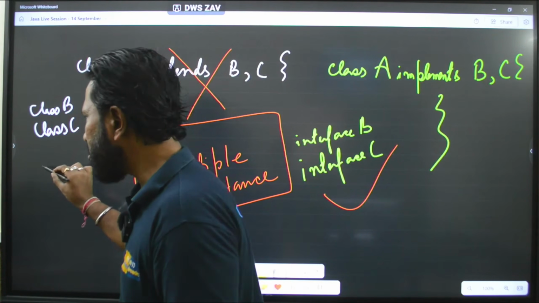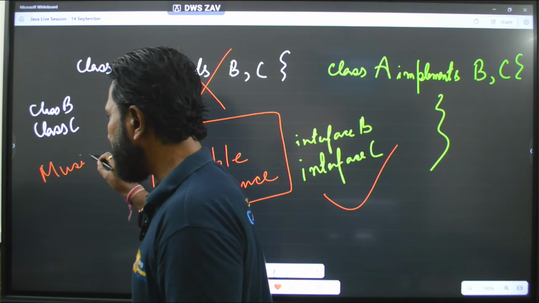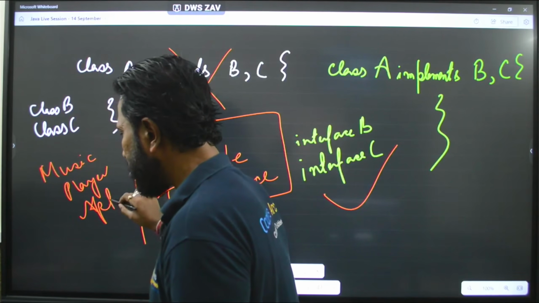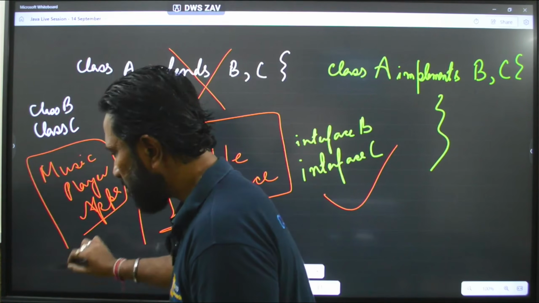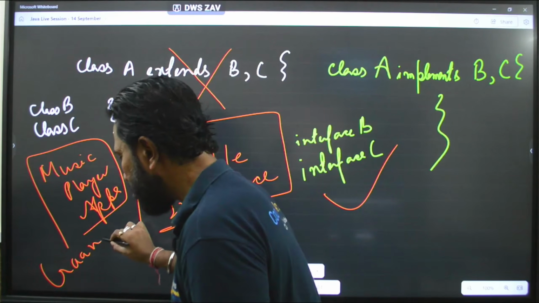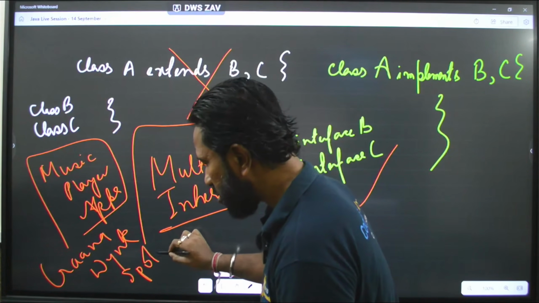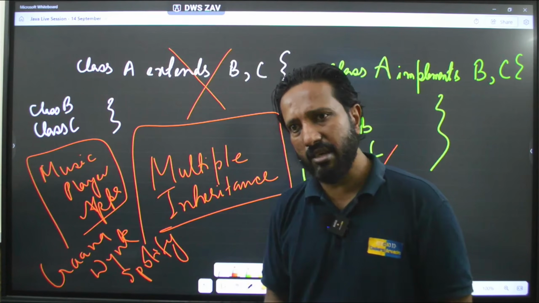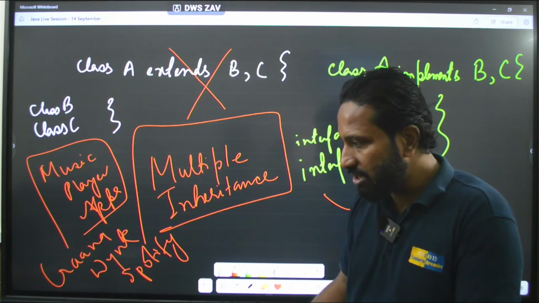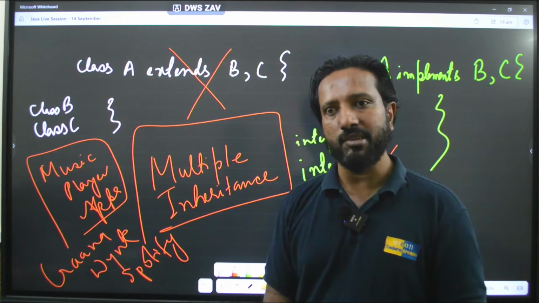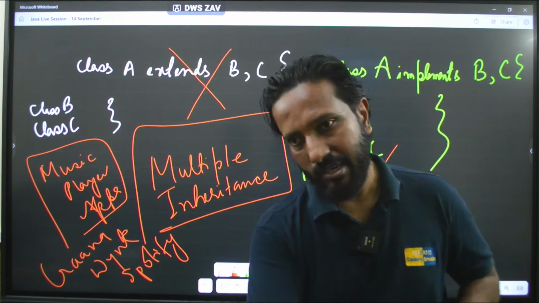We can talk about the music players that we have. Music player apps. There can be lots of them. Ghana, there can be Wynk, there can be Spotify, lots of them, correct. Suppose you have the freedom of choosing any one of them. Let's try to implement something like this. Okay, let's try to understand that.